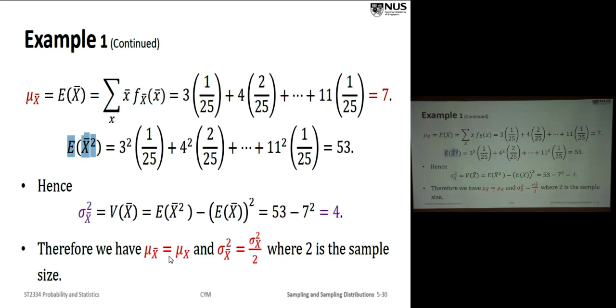So in this scenario, we've seemingly got a relationship between the mean of the population and the mean of the mean. Perhaps this is the expectation of the mean of the random variable, and this is the variance of the mean of the random variable, and it seems to be intrinsically linked to the variance of the associated random variable.